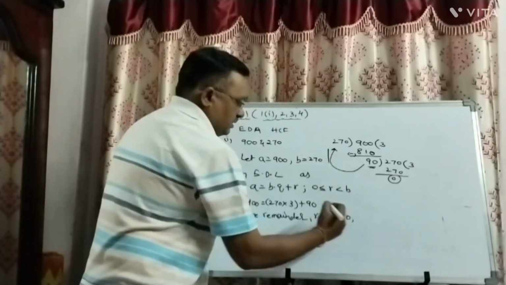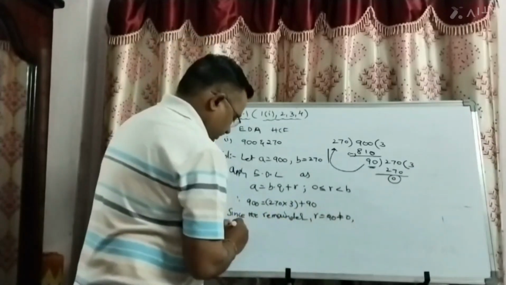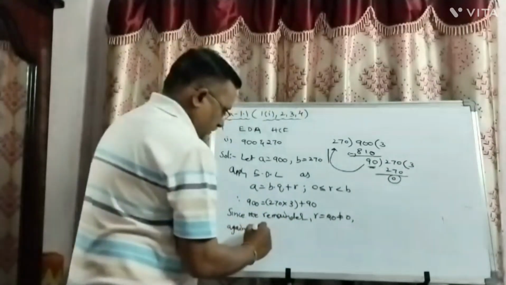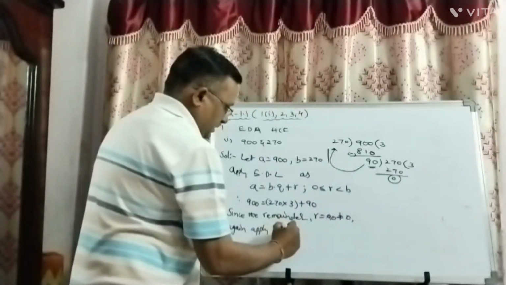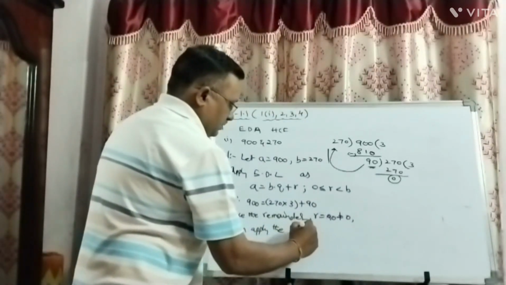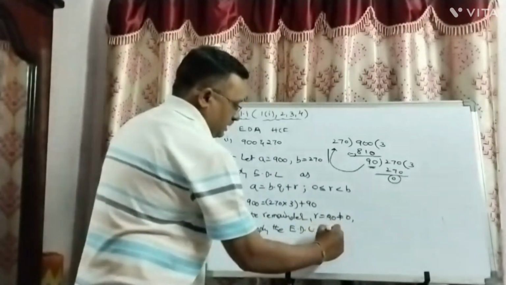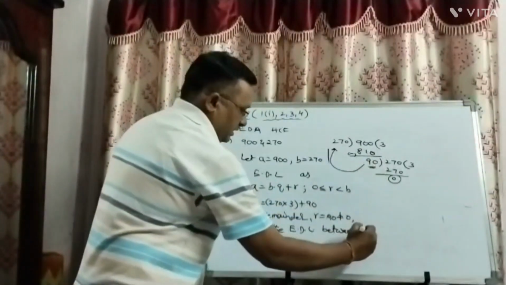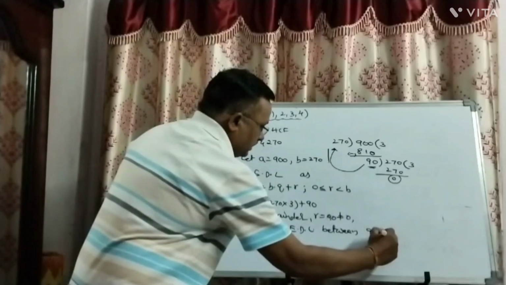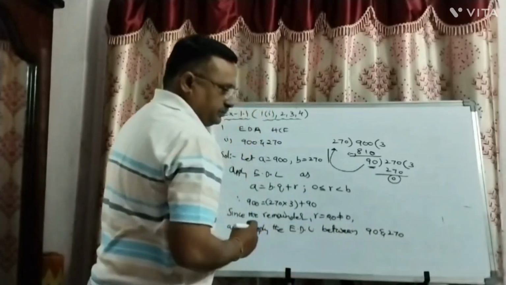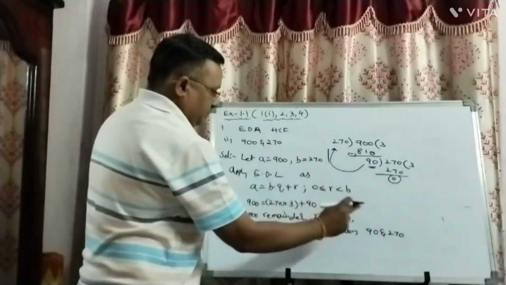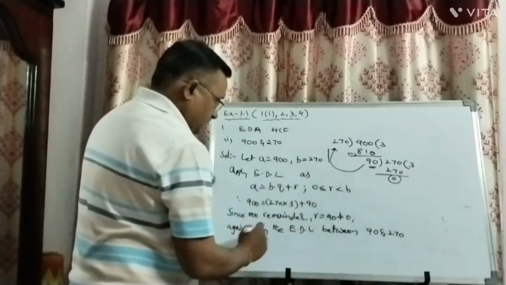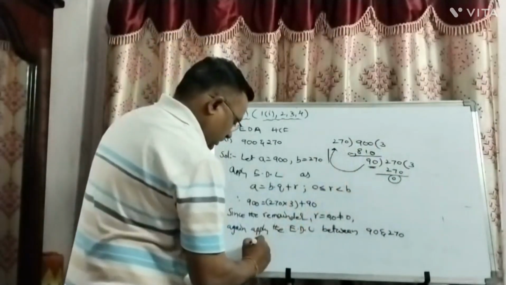Now since the remainder is 90, which is not equal to 0, again apply Euclid's division lemma between 90 and 270. As before, the bigger number is a, and the smaller number will become b.